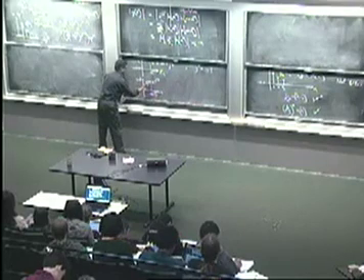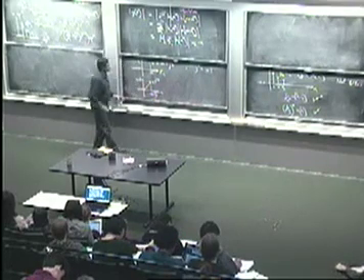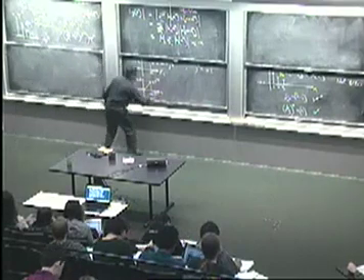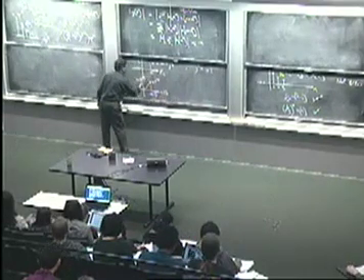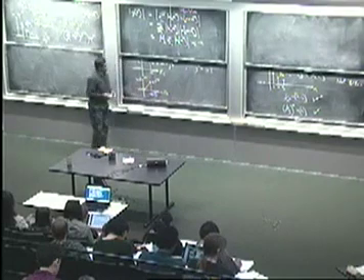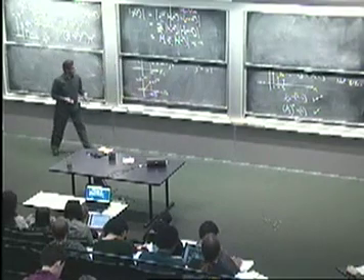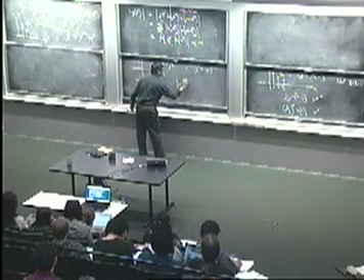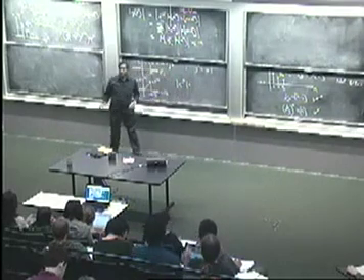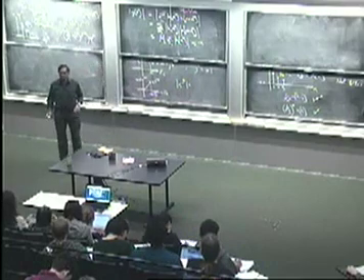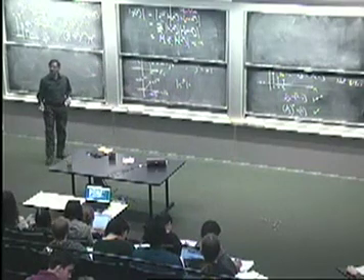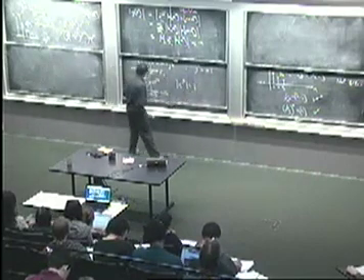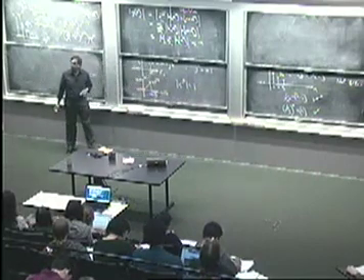Here's a complex number. Its real part is cosine theta. Its imaginary part is sine theta. So what's the magnitude of e to the j theta? Every complex number has a magnitude. e to the j theta has magnitude what? 1, because it's cosine squared plus sine squared, right?